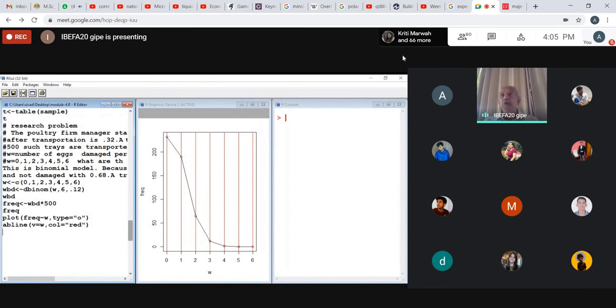So when you have a huge bulk of data, decision making is very difficult other than by statistical analysis. That is what I have shown. It is very difficult to open and check packed boxes of trays.